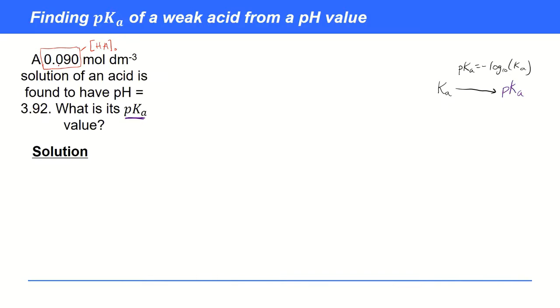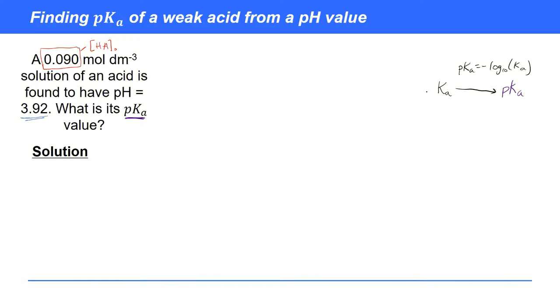Now if you were to treat this as a strong acid, then this concentration should give you a pH of 1.04. So this is definitely in the realm of a weak acid. And we've actually been given also its pH value. So how are we going to do this?